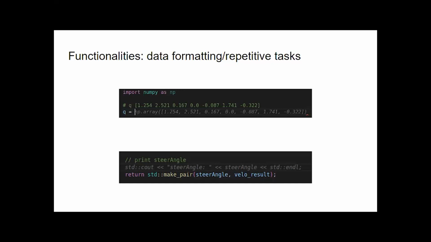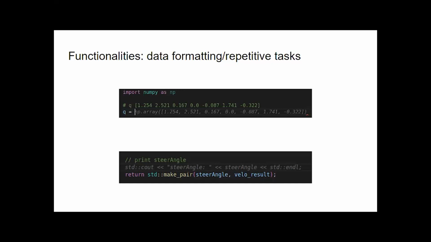You have a list of numbers in the terminal and you want to copy it in Python and use it as an NP array. It's a bit cumbersome. You have to write np.array, add the parentheses, add the comma between each number. But with GitHub Copilot, you just have to copy and paste from your terminal, and you don't have to do all the formatting by yourself.